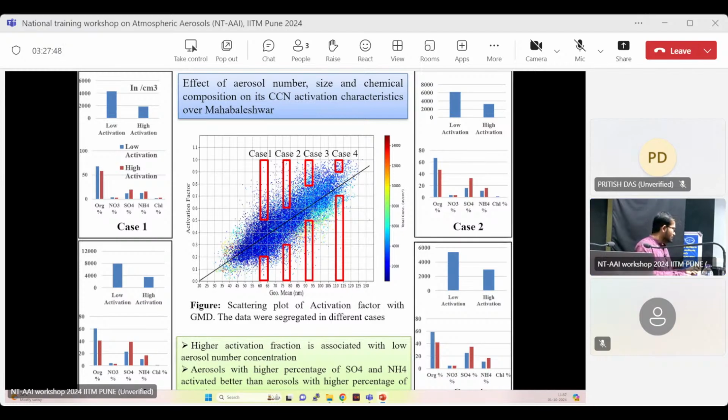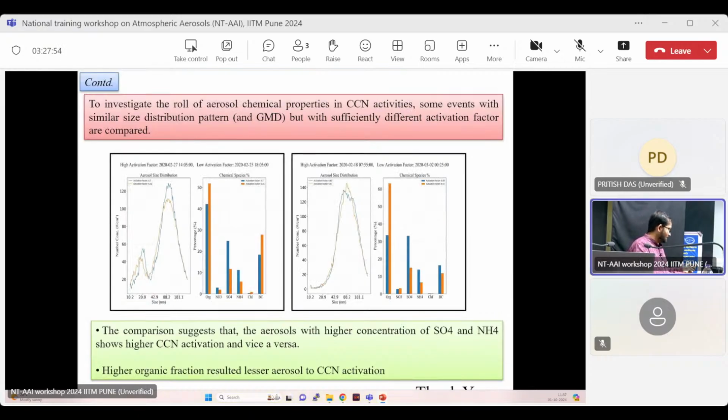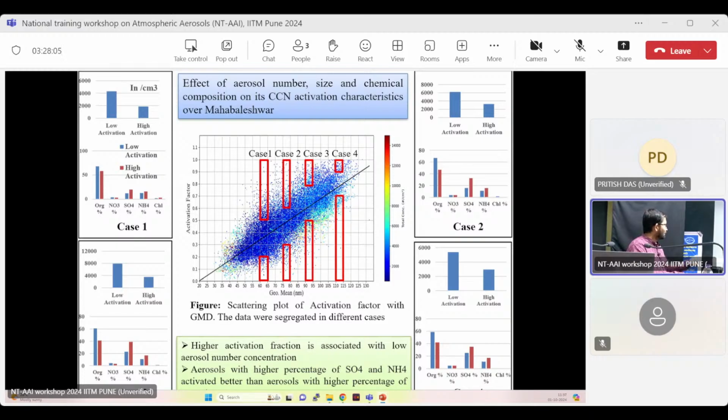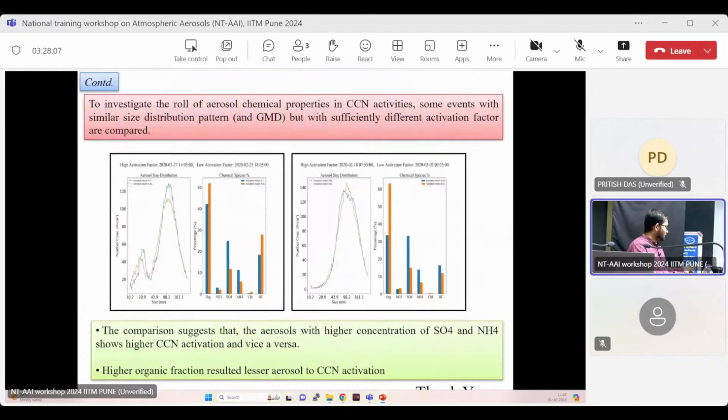These cases are all almost similar, so I won't explain all of them. I just want to highlight this and finish my slide with this graph. From this graph, we tried to segregate some of the points where you have similar size distributions.